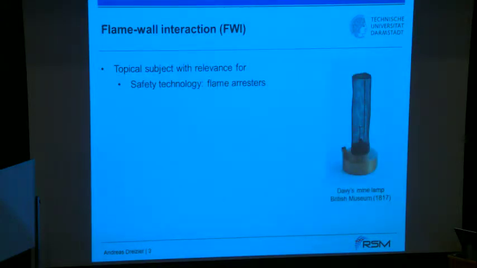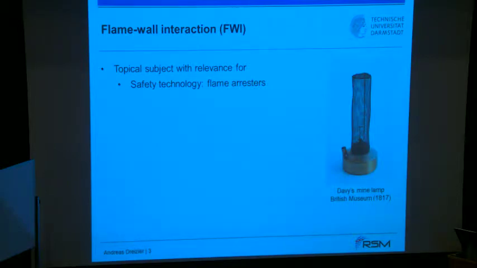Flame wall interaction is really topical, not only since recently, but it dates back 200 years. By that time, a lamp was patented to be used by miners underground. They didn't have electricity by that time regularly, and so they needed to have an illumination without any ignition. And having here a nice lamp operated non-premixed, you do have this candlelight atmosphere.